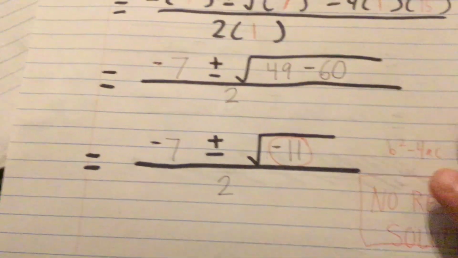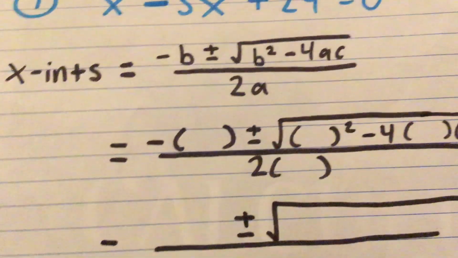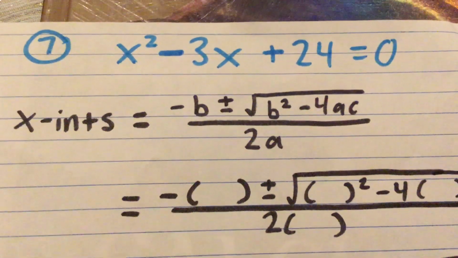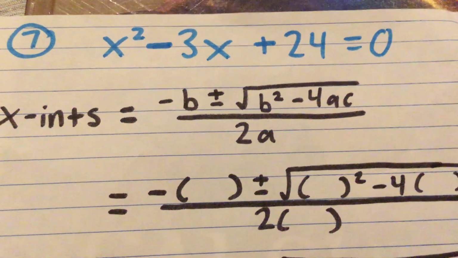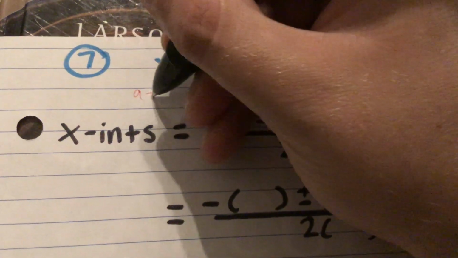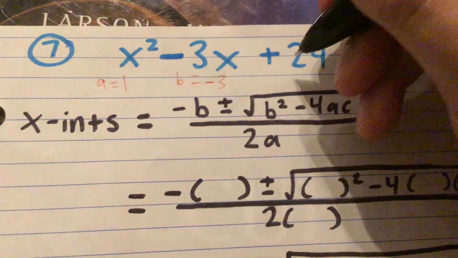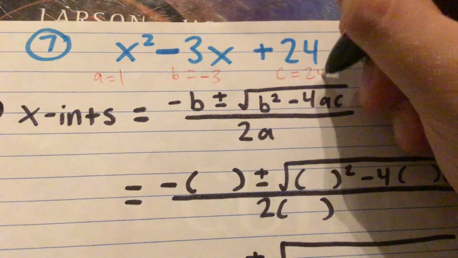Okay, last problem. Remember, this one we couldn't factor either. I wonder why. All right, so x squared minus 3x plus 24 is equal to 0. So remember, a is equal to 1, b is equal to negative 3 this time, and c is equal to 24.